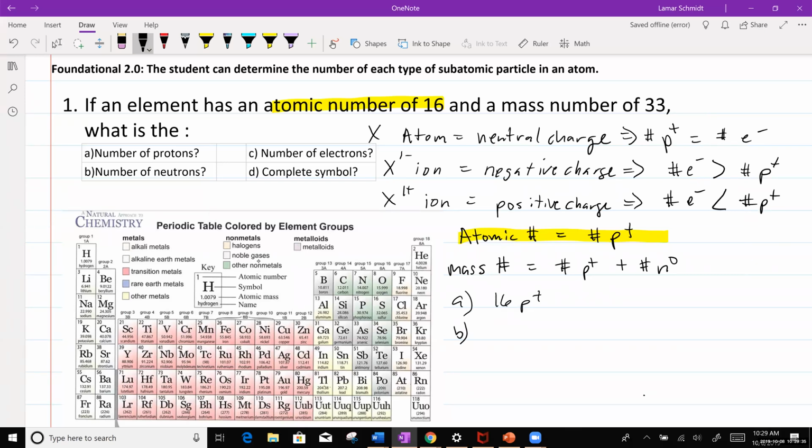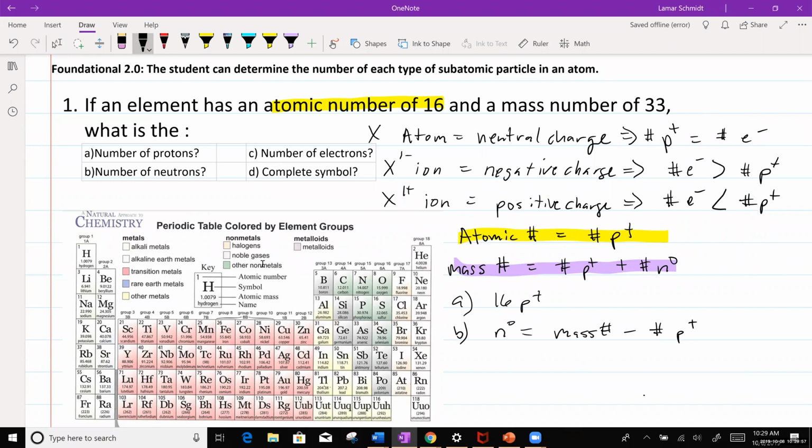And then we have B, the number of neutrons. Well, in our formula, we have mass number is equal to the number of protons and neutrons. If we rearrange this equation to solve for neutrons, we get neutrons is equal to mass number minus the number of protons.